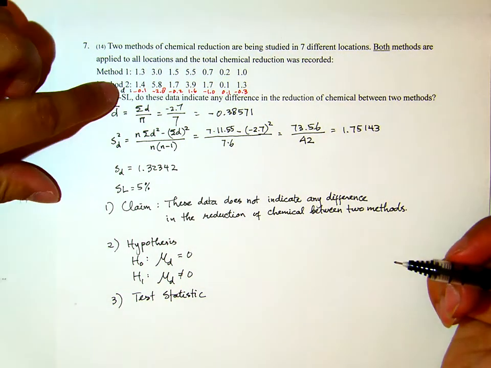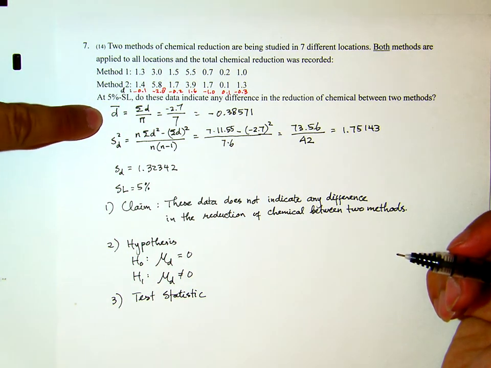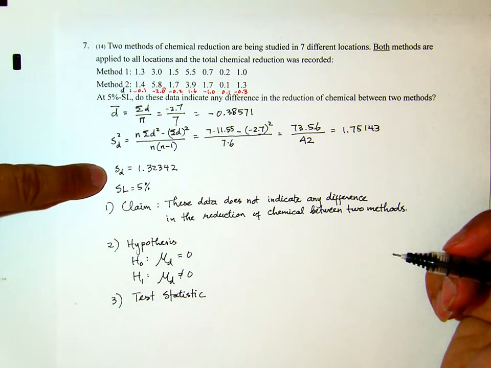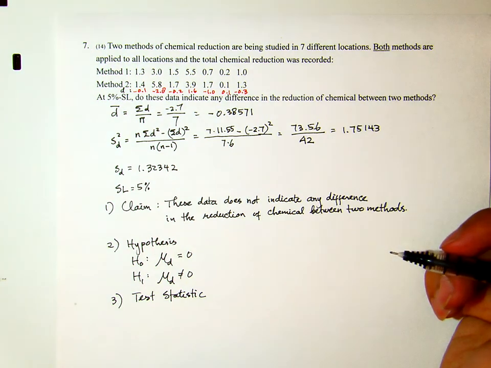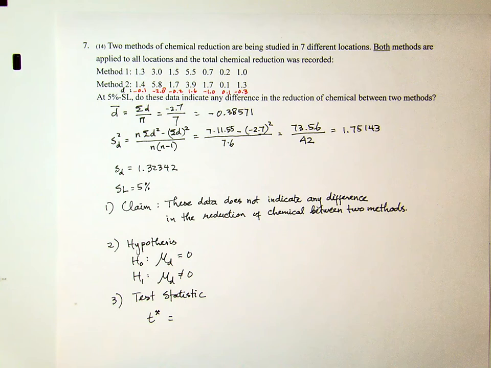Anytime you have paired or matched data like that, you basically treat your D as the regular X, and this will be X bar, and this will be the sample variance S squared and sample standard deviation. From there, we use the T distribution.